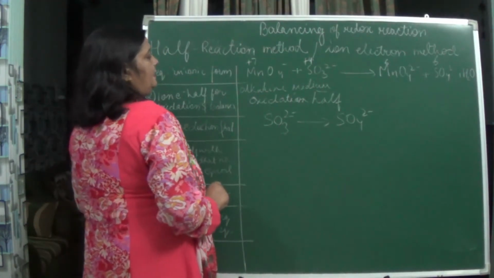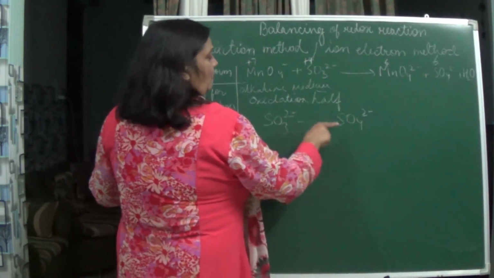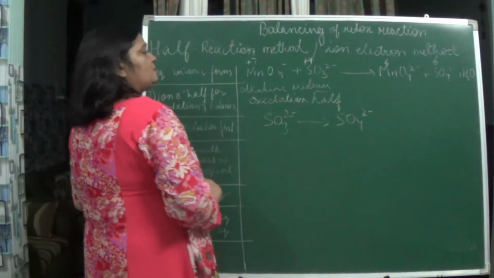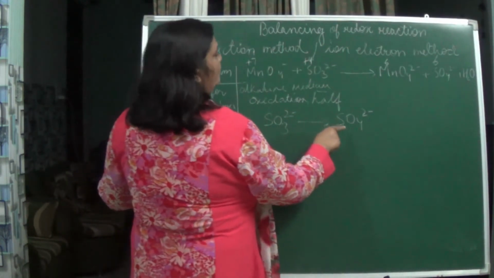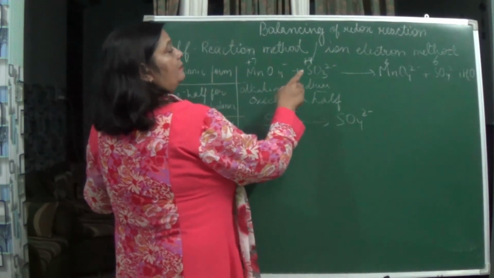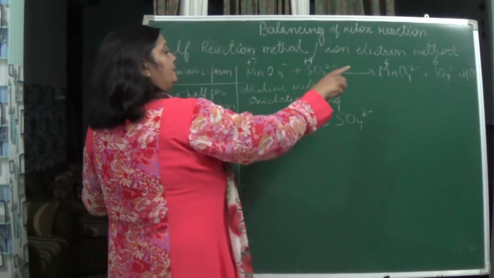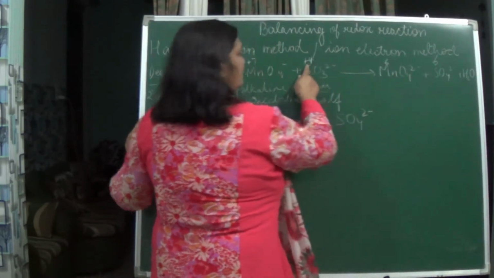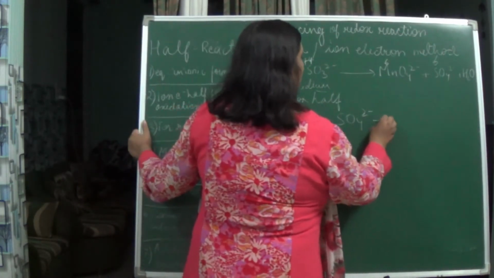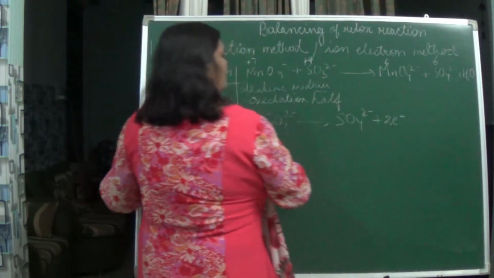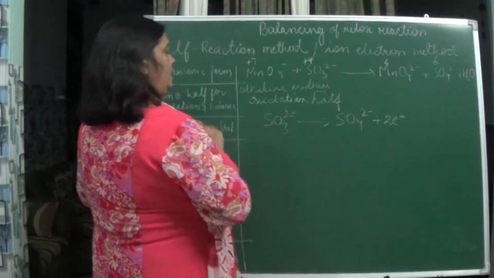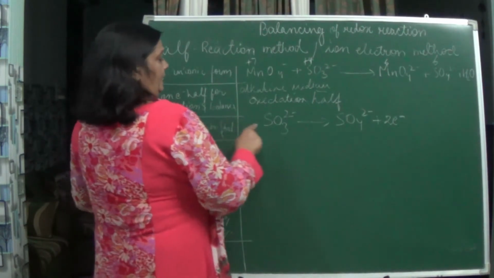In this, it has been oxidized naturally. So here, how many electrons will we be adding? If we add 2 electrons, it will become plus 4. So you will be adding over here what? 2 electrons. Okay.